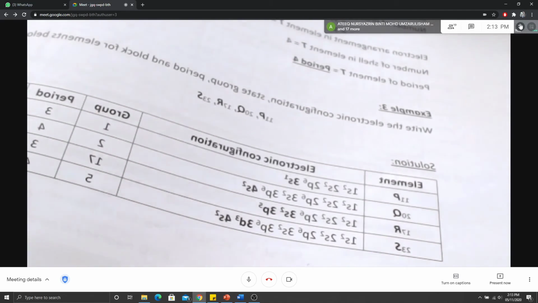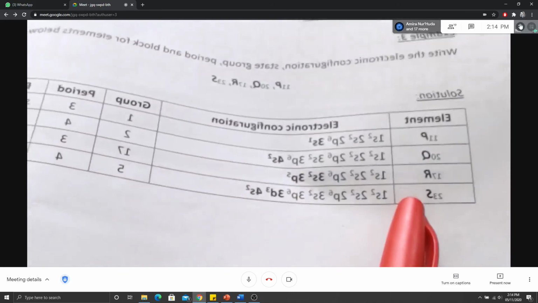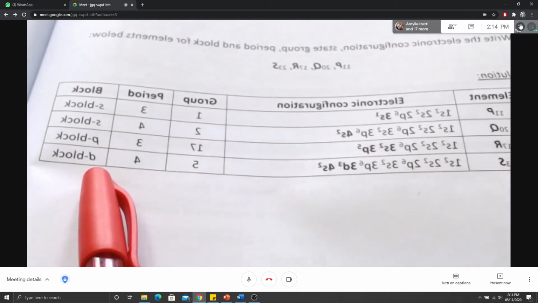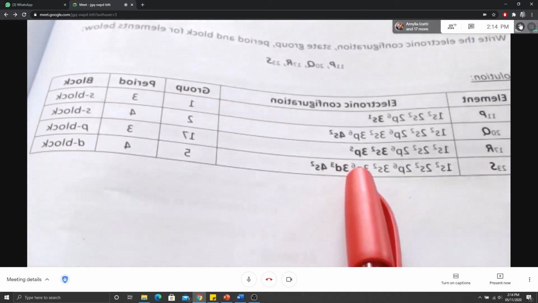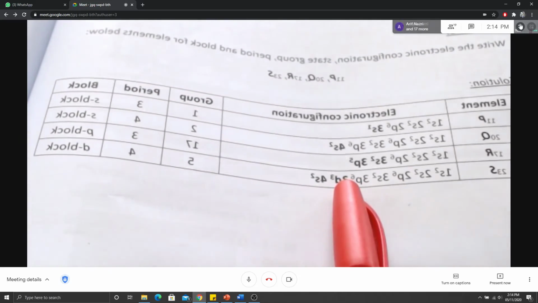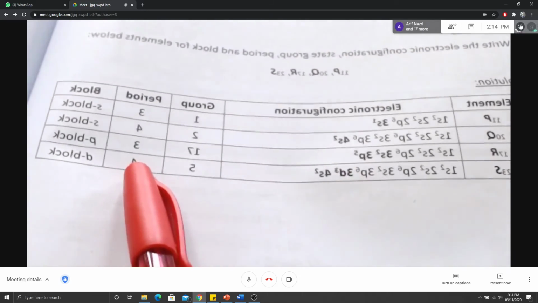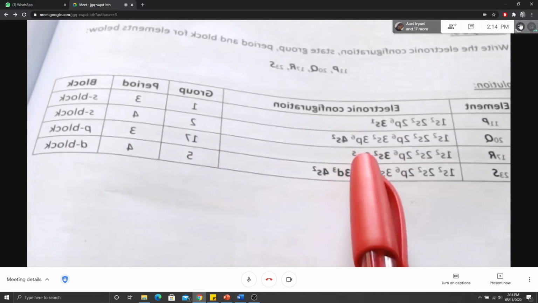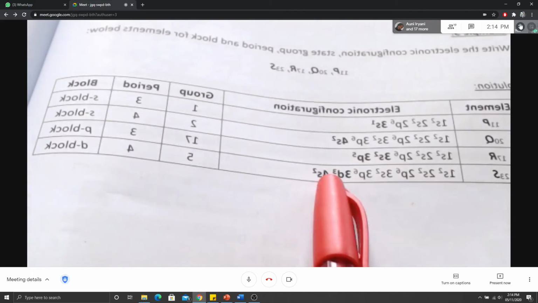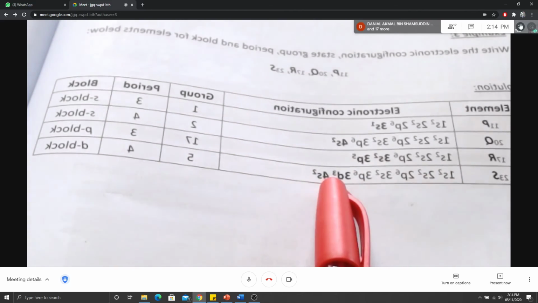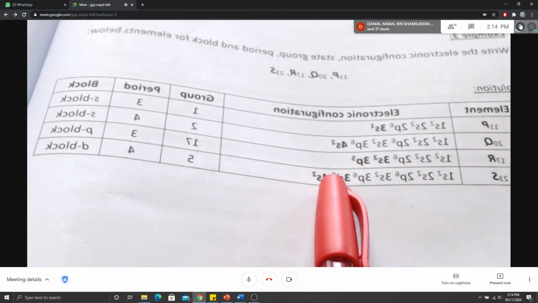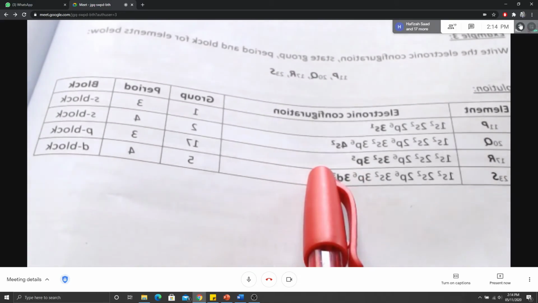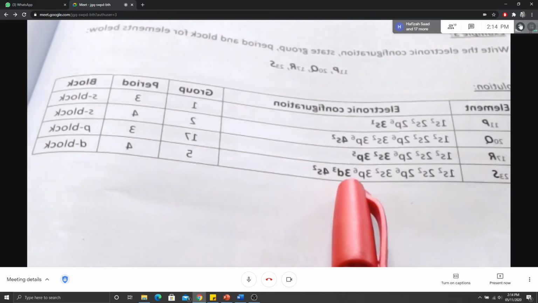Awak tengok dekat S, dia still cakap D block, sebab yang paling last diisi is D. And it is period 4 sebab number 4 is the highest. So why people susun, it's easier for them to see which one is the highest principal quantum number. Kalau 4S duduk sini, you mungkin termiss, you nampak 3D. So you letak period 3, which is already dah salah.